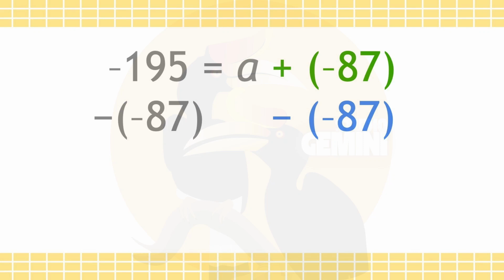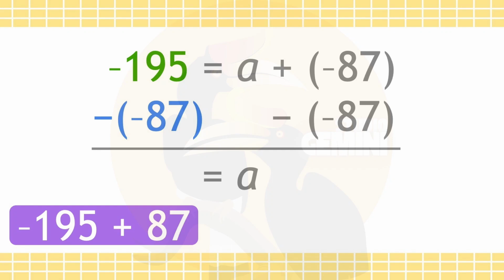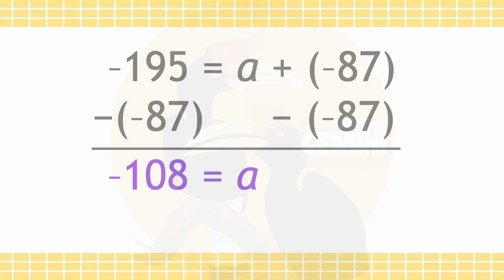That leaves us with just a on the right side. On the left side of the equation, we have negative 195 minus negative 87. Subtracting a negative is the same as adding its opposite, so we can think about this problem as negative 195 plus 87. Negative 195 plus 87 is negative 108, so negative 108 equals a.